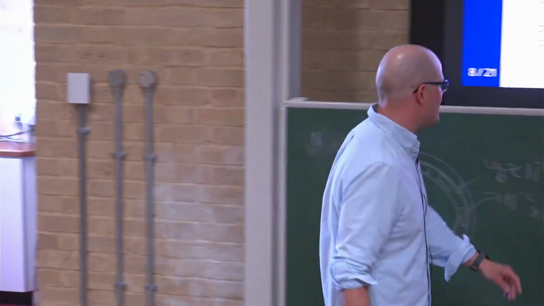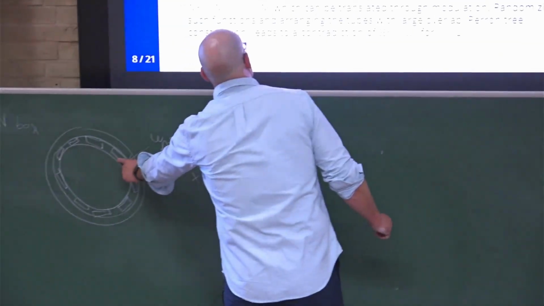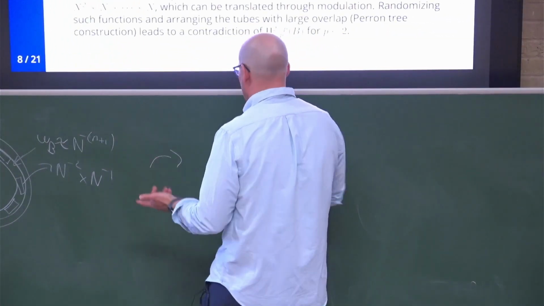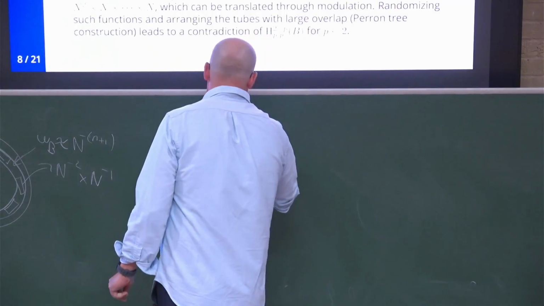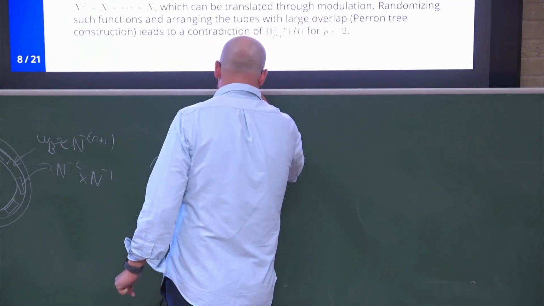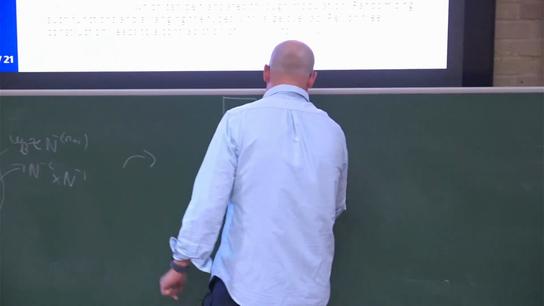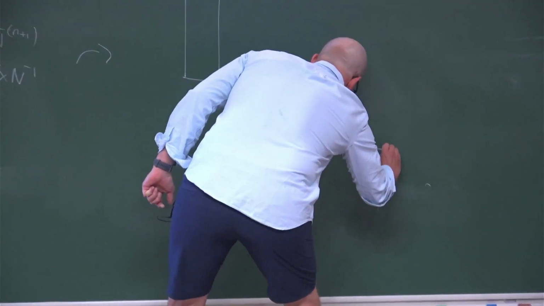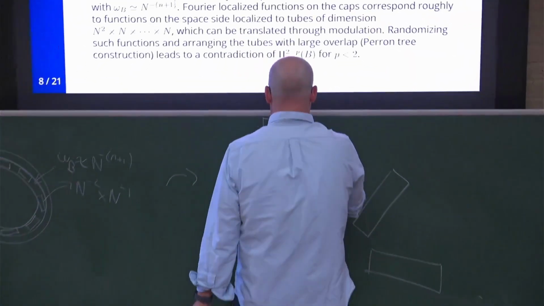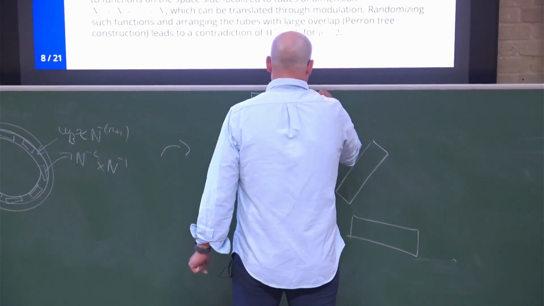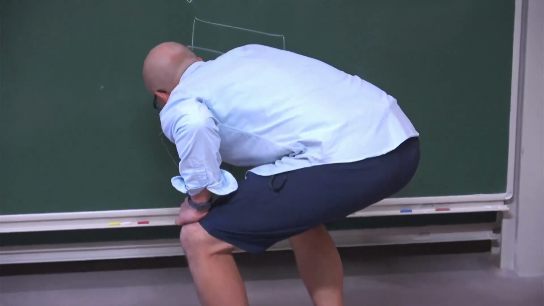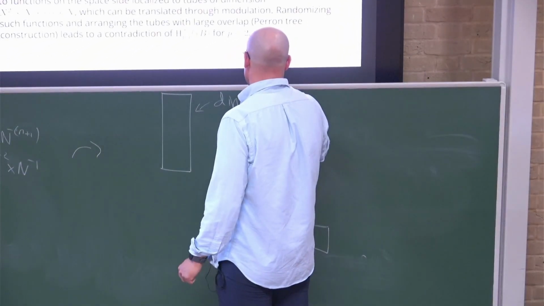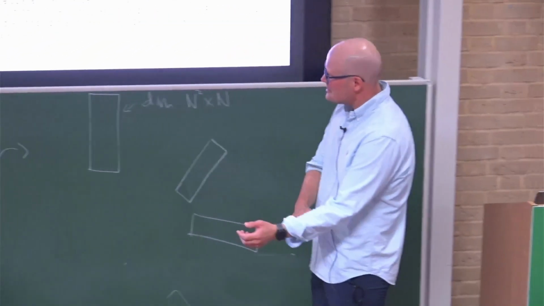Then on the Fourier side, each such box, with dimensions 1/n^2 by 1/n, will turn into really large boxes in different directions. I don't have space on the board to draw them all, because they turn into n^2 times n boxes.